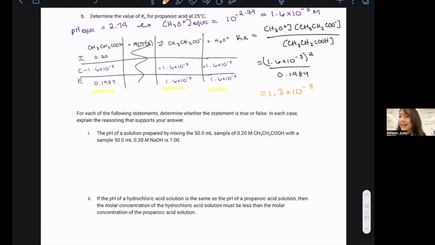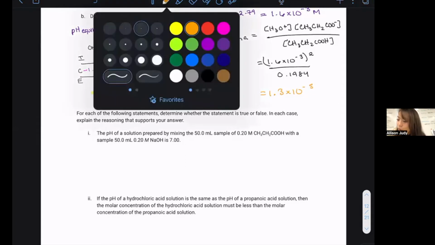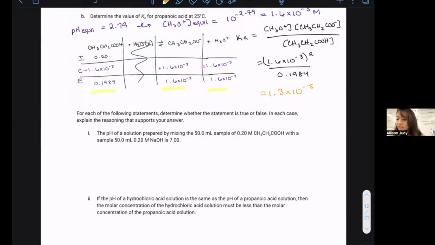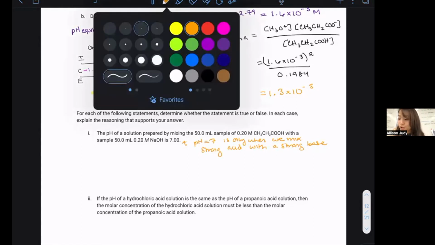Automatically, you should be like, no, because essentially this is talking about the pH once equivalence is reached, right? The only time we get a pH equal to 7 is when we mix a strong acid with a strong base. But here we have a weak acid, strong base mixture.